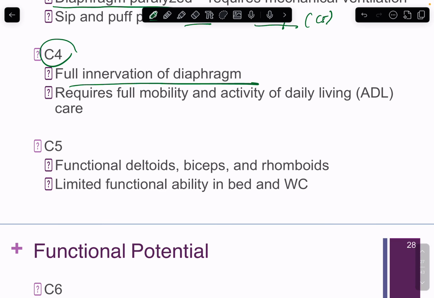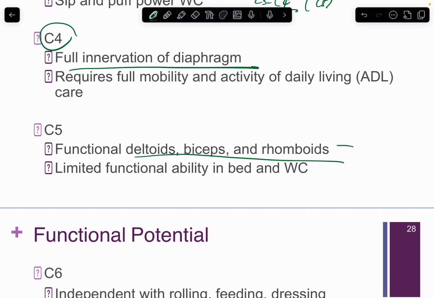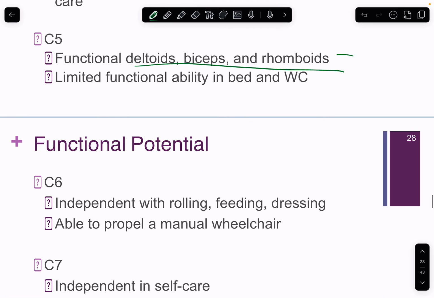So at C5, when you think about your myotomes, the functional muscles are your deltoids, abduction, elbow flexion, and your rhomboids, which is scapular retraction. So there's limited functional ability in bed. They can do biceps and elbow flexion and a little bit of shoulder abduction.